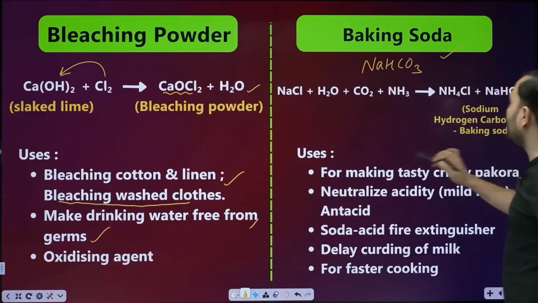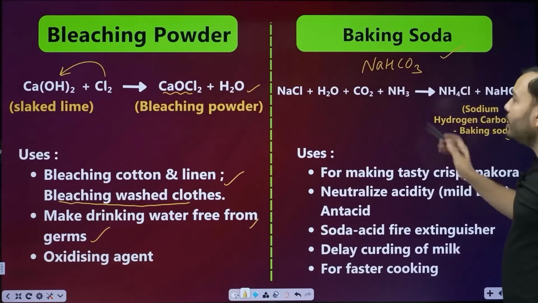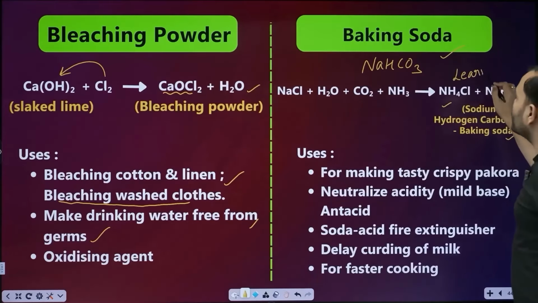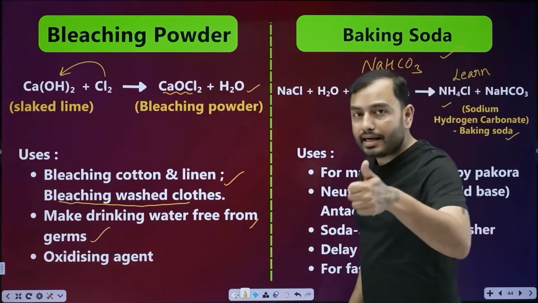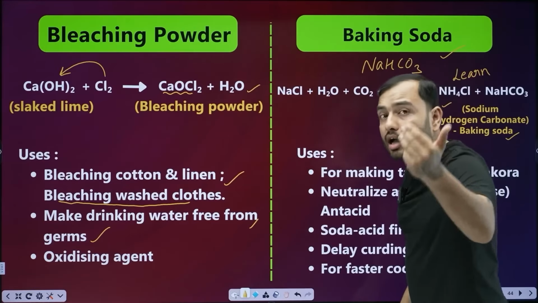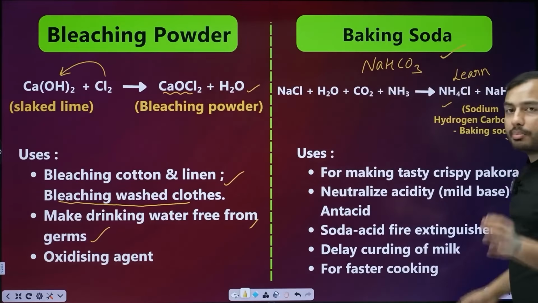What would be formed? First, NaHCO3, sodium hydrogen carbonate, sodium bicarbonate, or baking soda. And NH4Cl is also formed. So you need to remember this. 4 reactants: NaCl, the common salt, water, ammonia, and carbon dioxide. Okay. Now, what is the biggest use of baking soda?